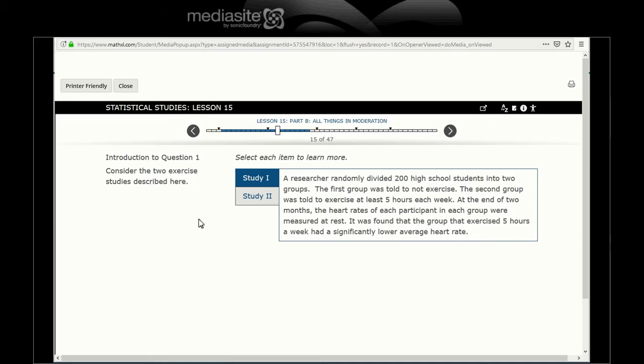So consider the two exercise studies described here. Study 1. A researcher randomly divided 200 students into two groups. First group was told no exercise.